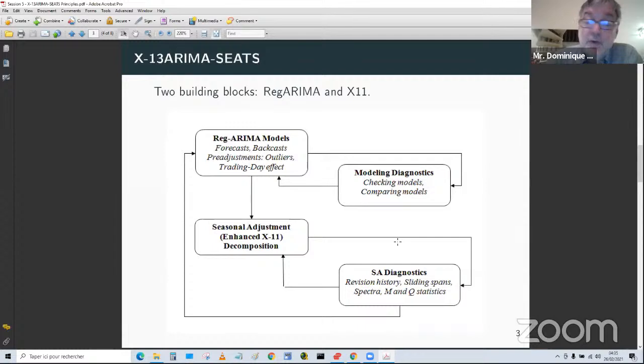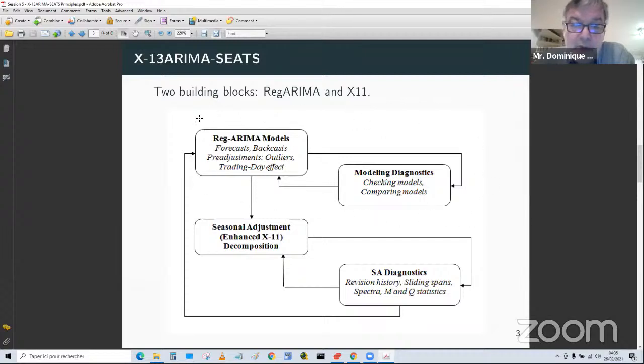Okay, a reminder, because we already saw this graph, but it has to be in your head now. Never forget that when you are talking about seasonal adjustment, you have two blocks in X13 ARIMA or X12 ARIMA. The first block is, you remember now, the RegARIMA block.